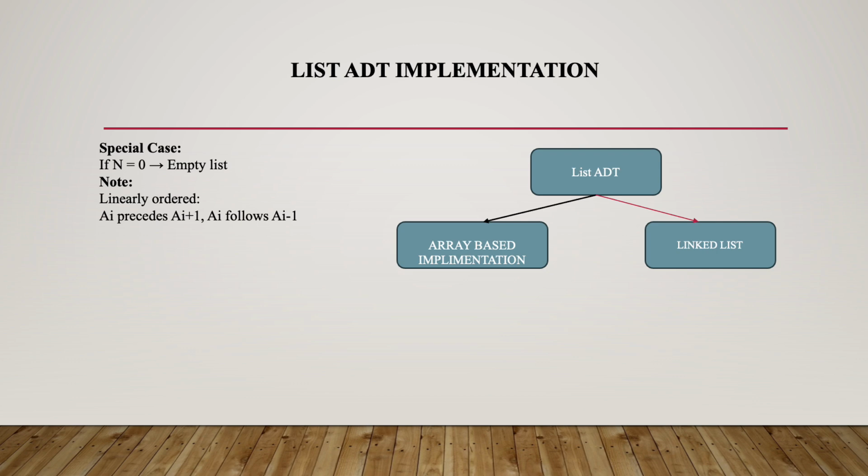The second way is using an array based implementation where the elements are stored next to each other in consecutive memory locations. And in today's session we are going to focus on the array based approach, so we can see how the list works when the data is stored in an array.